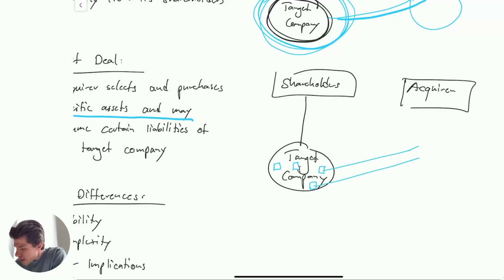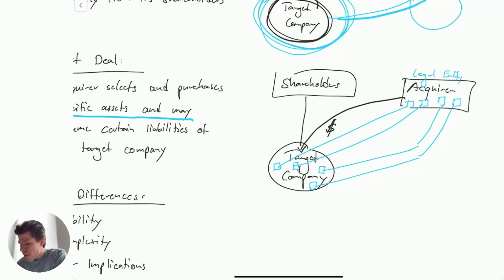Basically, if this is a legal entity here, then you buy those assets. And what you do is you pay the owner of the asset, which is the company, the money. So you don't have a deal with the shareholders, you have a deal with the target company.